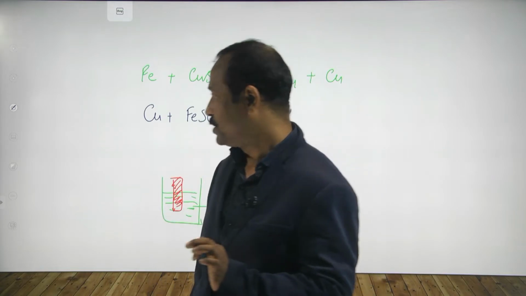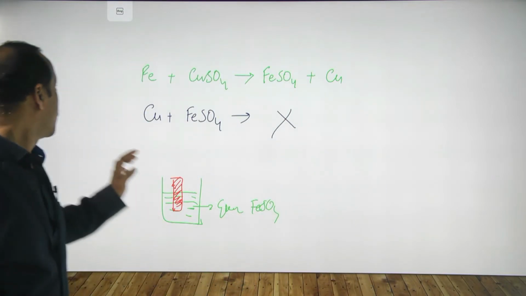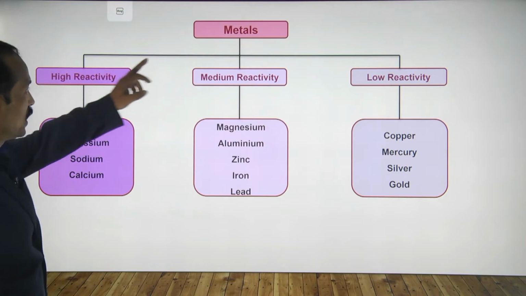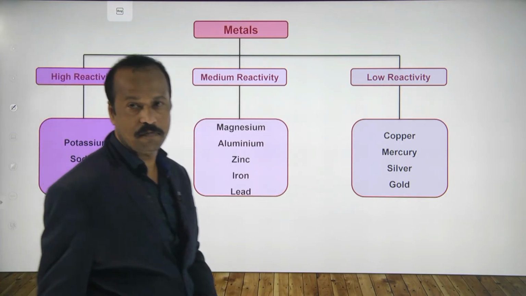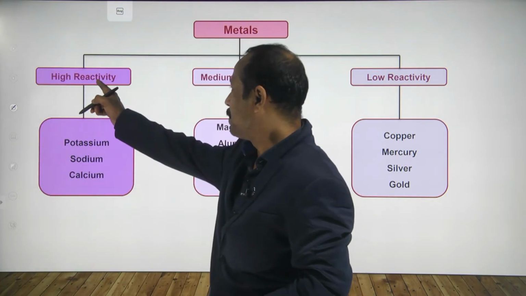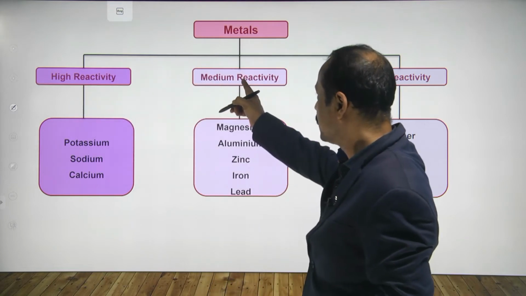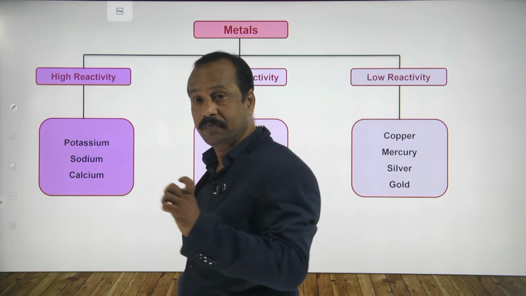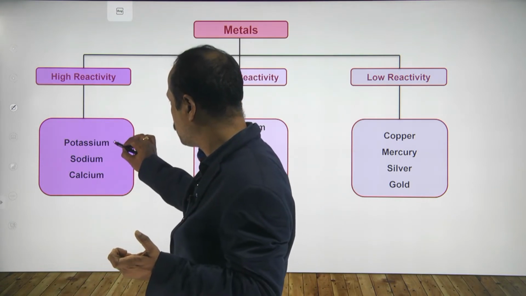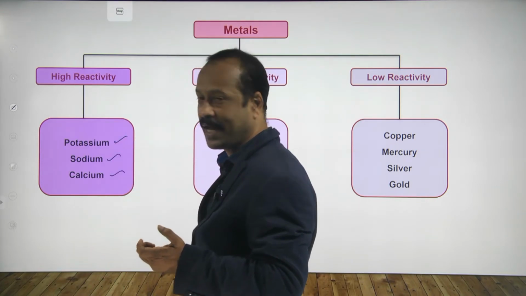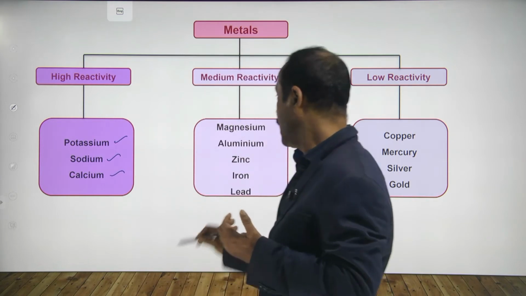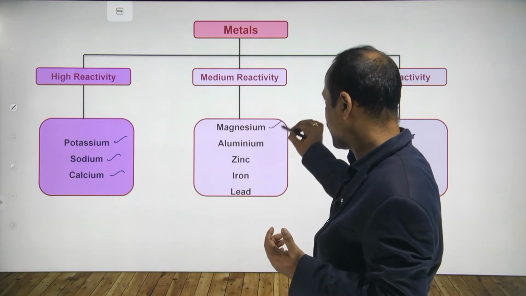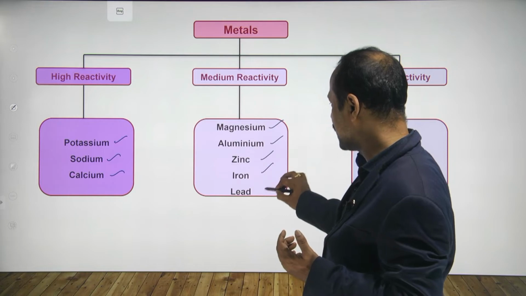Is this clear? See students, generally three types of metals are there. What are they? Metals of high reactivity, metals of medium reactivity, and metals of low reactivity. The high reactivity metals are potassium, sodium, calcium. Medium reactivity metals are magnesium, aluminum, zinc, iron, lead.